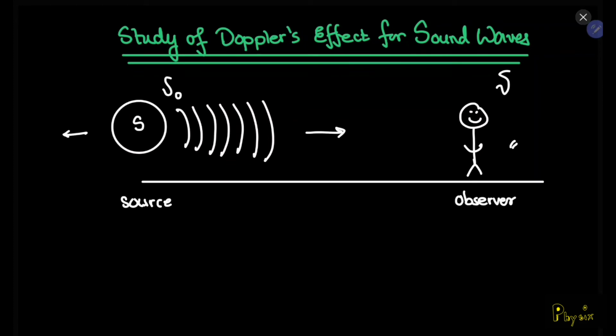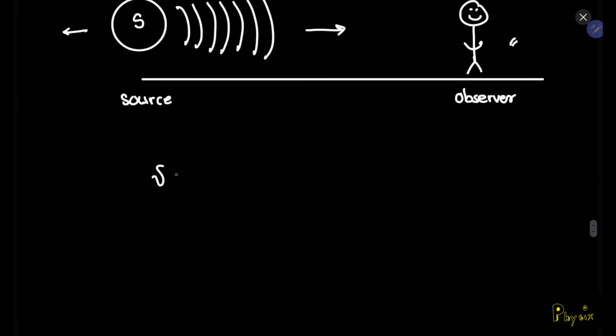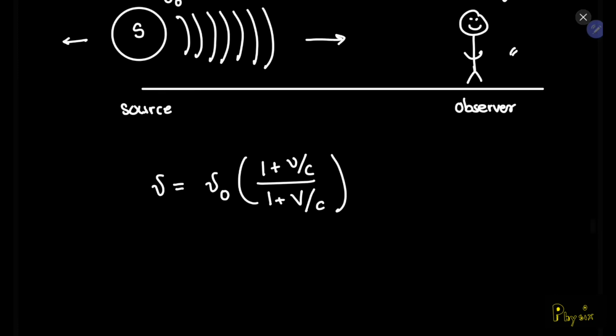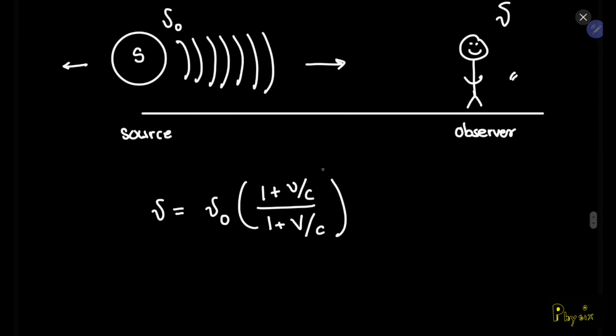Now this can be described with the equation nu is equal to nu naught times (1 plus v over c) over (1 plus V over c). And here, of course, the small v is the speed of the observer, considering that the observer is moving with respect to the source.